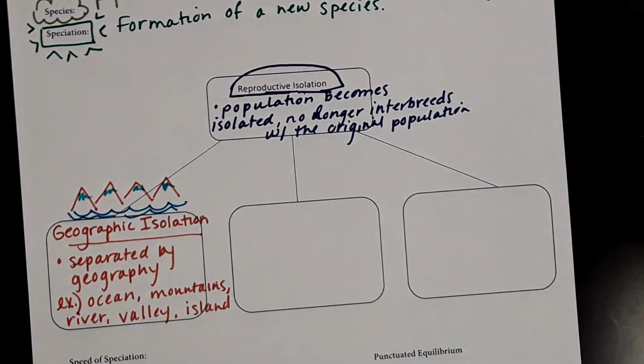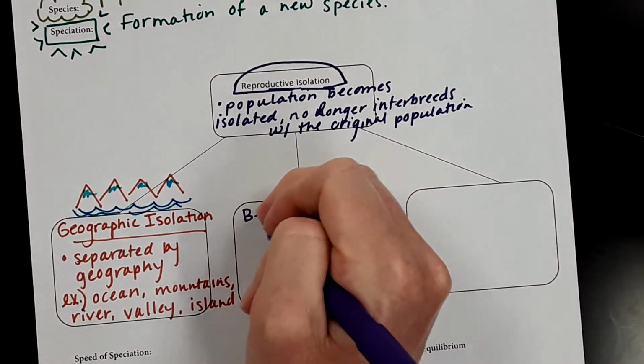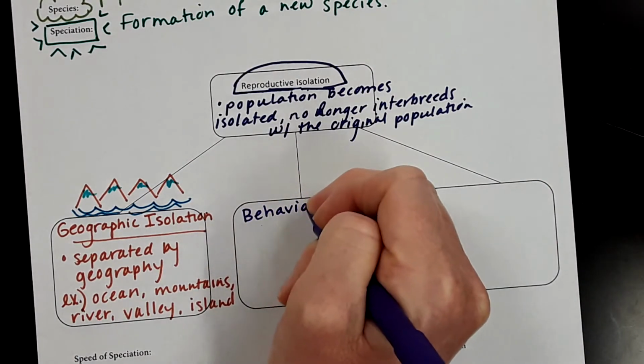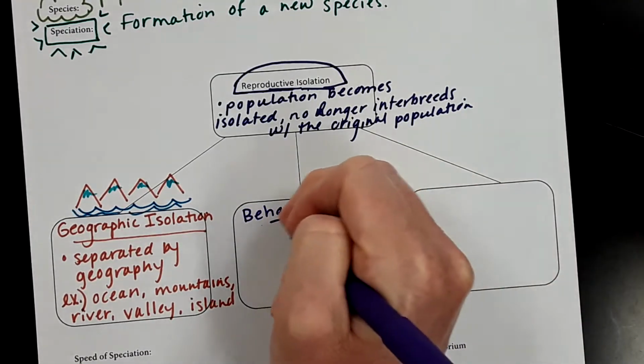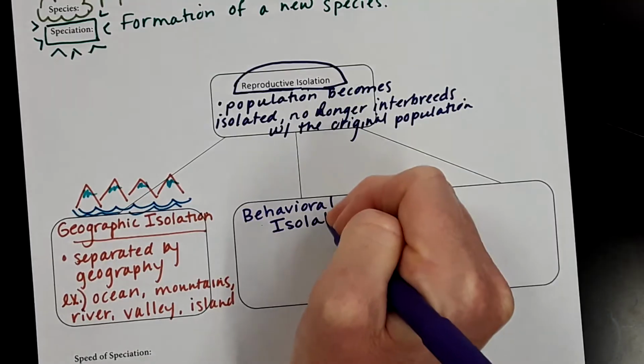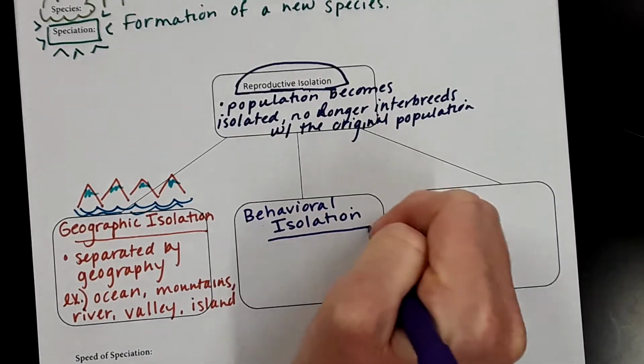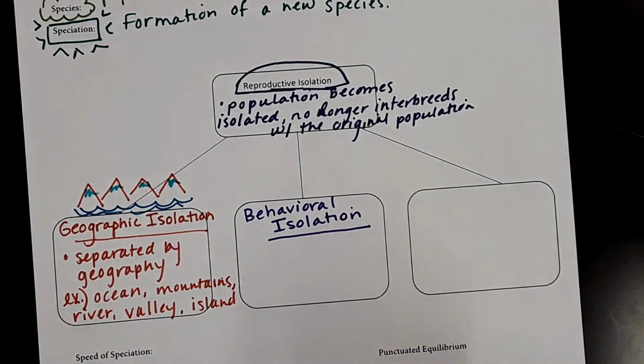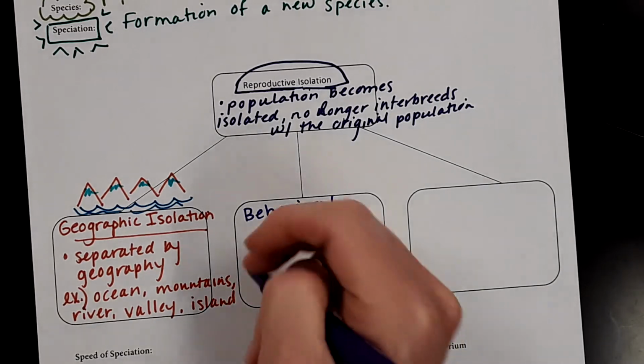The second type of reproductive isolation is that you could become separated by behaviors. There is another thing called behavioral isolation. Behavioral isolation means that changes in behaviors or habits are going to prevent one group from mating with the other.